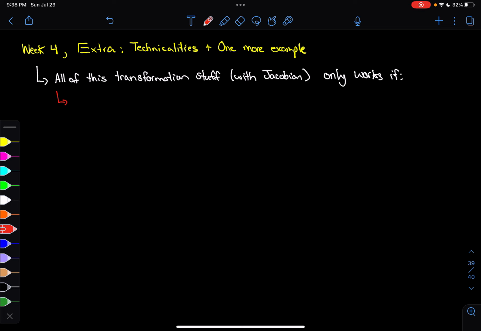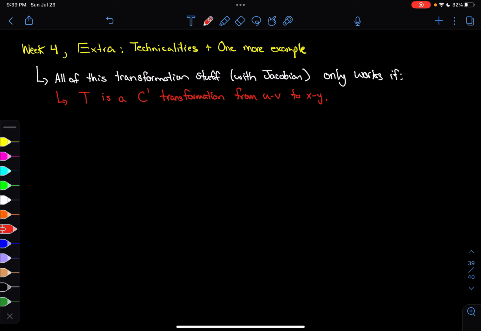So the first thing is that our transformation T, which would be something like x is equal to r cosine theta, y is equal to r sine theta, is a C1 transformation from UV to XY.